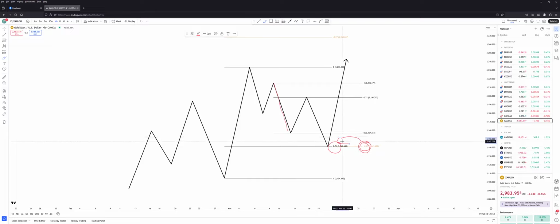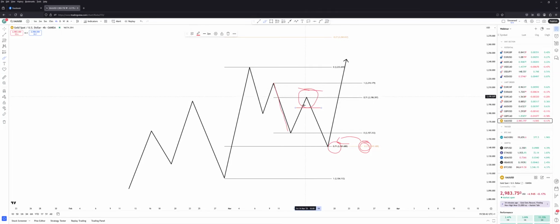Why? Because price usually, after creating a setup, after reacting on a 71 level, after reacting on any kind of Fibonacci level, it can be 0.5, 618, 71, 0.8, 0.81, there are lots of Fibonacci levels, lots of usages of the Fibonacci level. But if it reacts on some kind of Fibonacci level on this retracement, it can be anywhere in between this region from the 0.5 up to the 0.81.